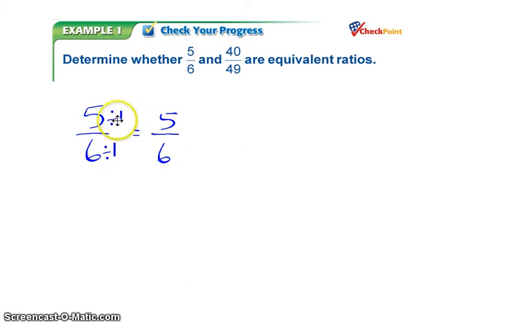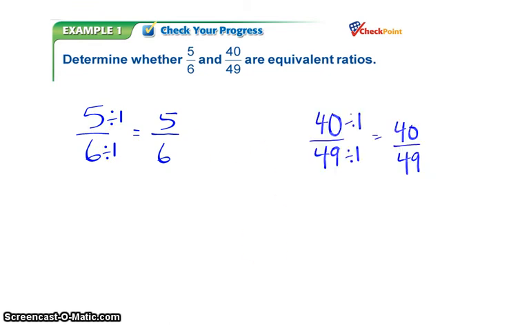We divided both sides by 1; 1 was your biggest factor. If we take a look at 40/49, it also is in lowest terms, and its greatest factor is 1. So in simplest terms, they're not the same ratio. These two ratios are not equivalent.